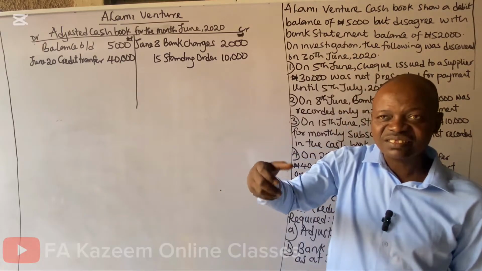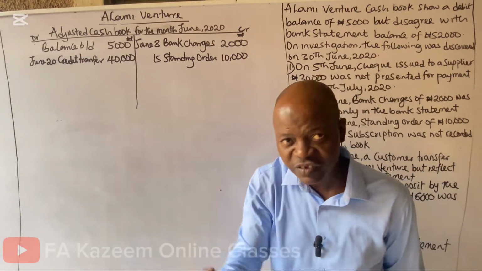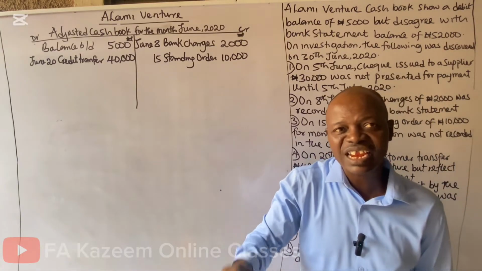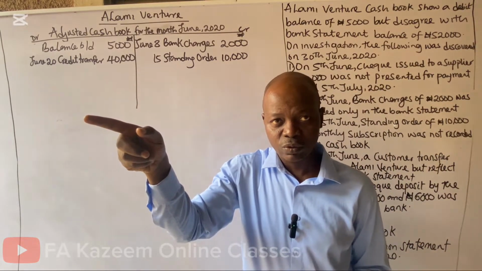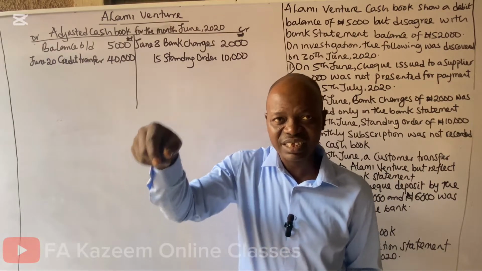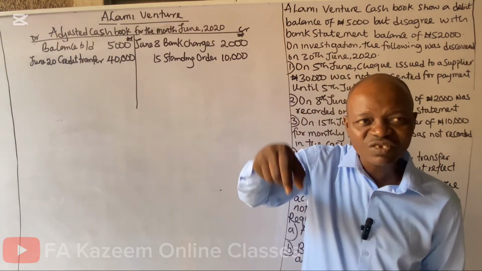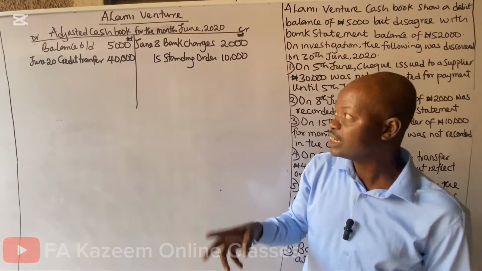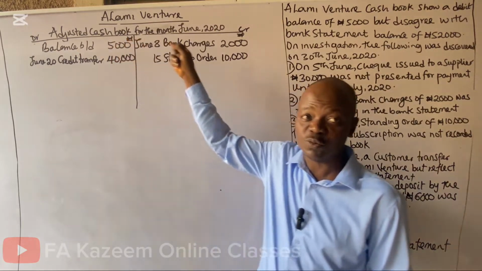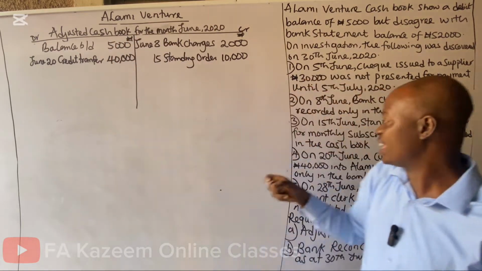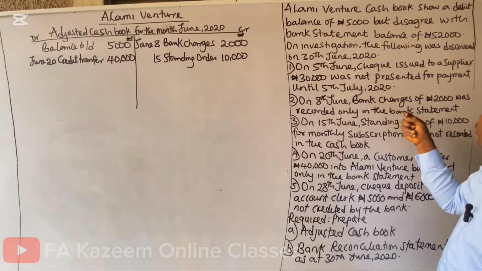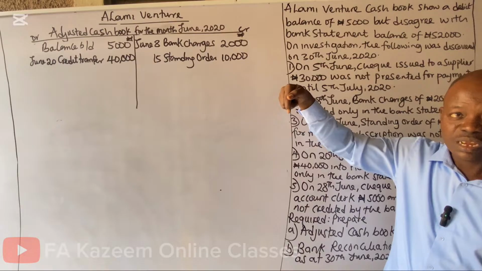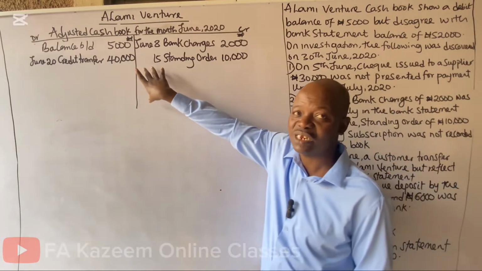But as at the time of reconciling, the customer discovered that the money that was earlier issued out was not recorded in the bank statement as a result of the supplier not presenting the check for payment, meaning it is already recorded in the original cash book, but the money does not reflect in the bank statement as a result of the supplier not presenting the check to the bank. In that case, it has no problem with the adjusted cash book again.